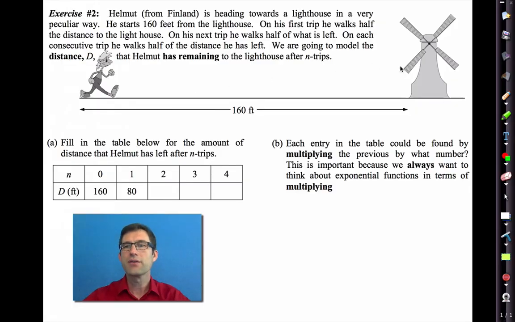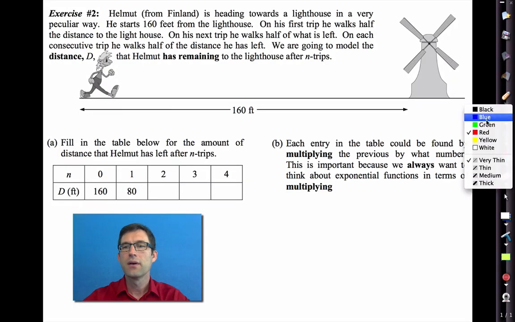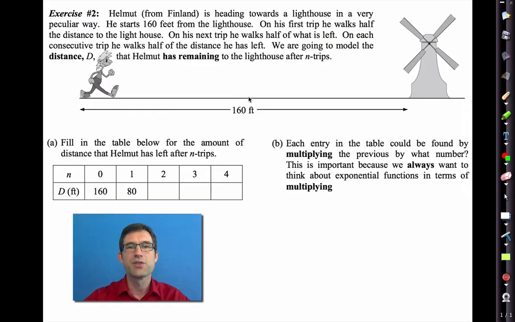So, here's our friend Helmut. Probably insulting Finnish people right now. And he walks halfway, right? And on his next trip, he walks half of what's left. And on his next trip, he walks half of what's left, etc. All right?